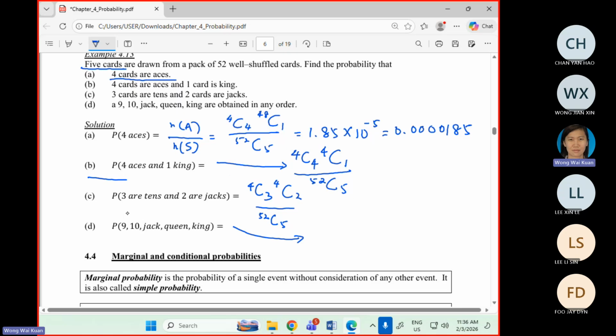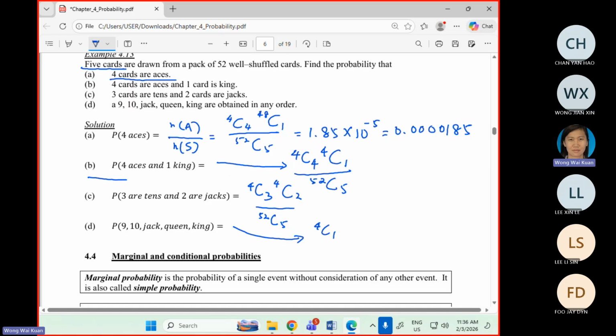Okay, what is the probability of getting 9, 10, jack, queen, king? 4C1. May I know what is 4C1? What is the value for 4C1? 4. Because you have 4, right?